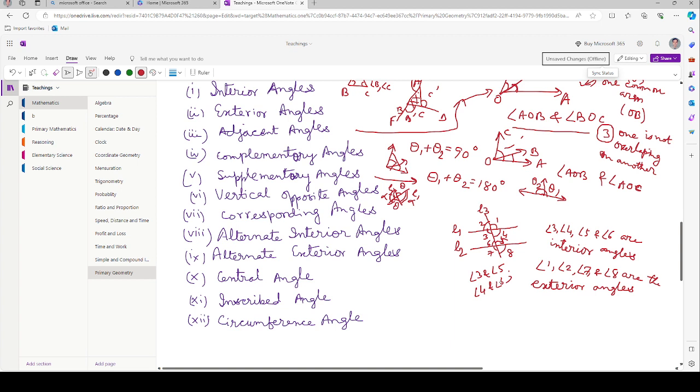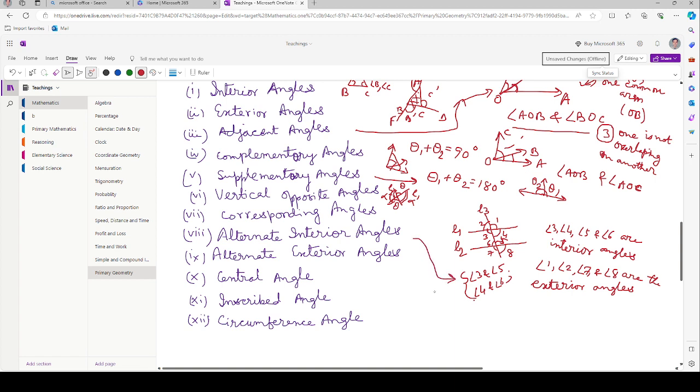Similarly, angle 4 and angle 6 are also non-adjacent and opposite to the transversal L3. So these two pairs of angles are known as alternate interior angles.